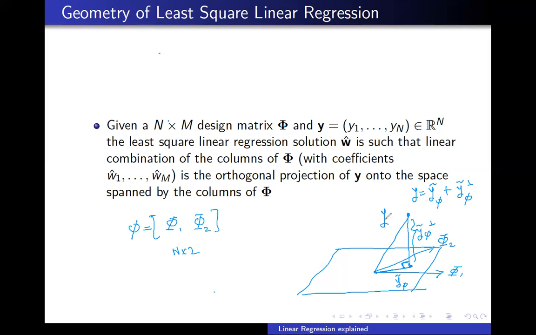But if there is a significant component of y which is not captured by the space spanned by the columns, that means it is orthogonal to that space, then there is some error that you have to accept. Your model cannot account for that.